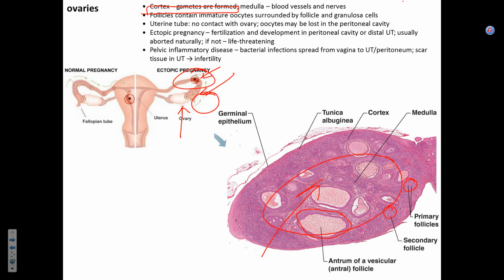Another problem associated with sexually transmitted disease is so-called PID, or pelvic inflammatory disease. It's basically when sexually transmitted disease goes undiagnosed for an extended period of time.